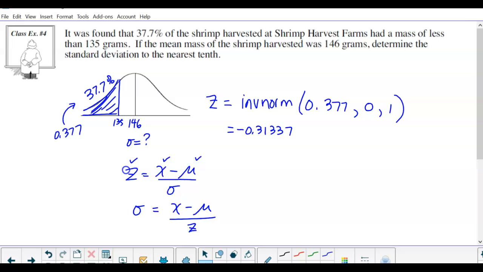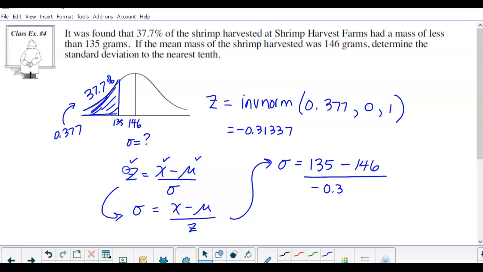Rearranging gives that formula: the standard deviation is the x value, 135, minus the mean, 146, divided by the z-score.